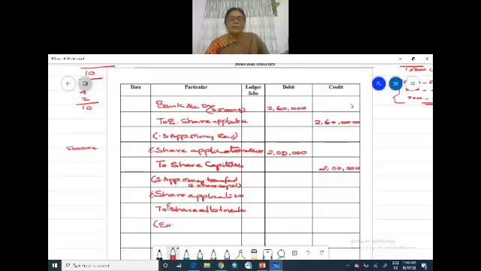Excess amount adjusted in allotment. Excess money received is going to be adjusted. How much is that now? 15,000 was the excess, into 4. That comes to 60,000.